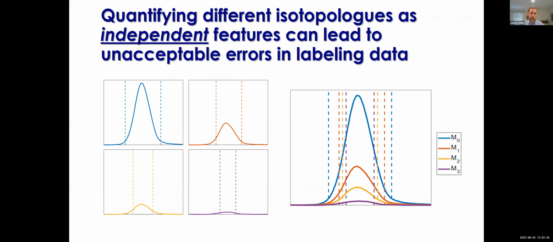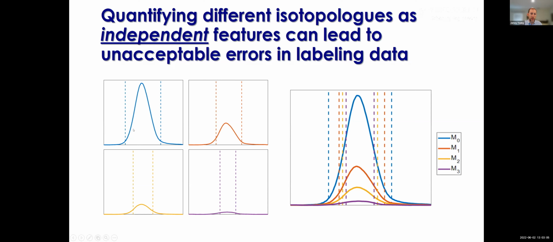Really one of the most overlooked issues in processing data from isotopic labeling experiments is just the difficulty in accurately quantifying the isotopolog ratios for a given compound. That's because most metabolomics and mass spec software tools treat the different isotopolog traces as independent features when they do the quantification.